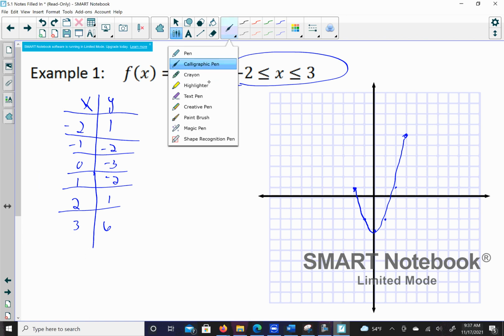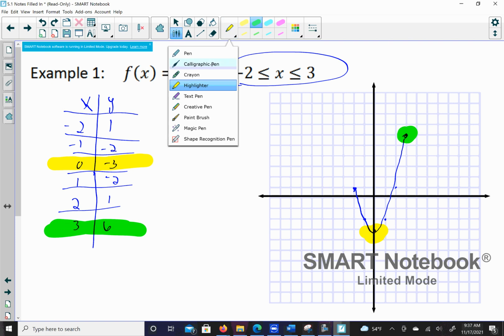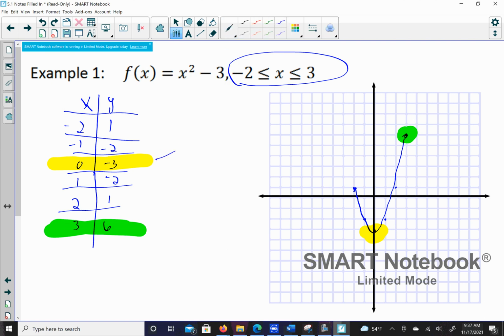When I look at this and I look for my lowest y value, my lowest y value is that -3, which is this point down here. My highest y value is this 6, which is this point here. So very simply, I'm going to say that this is my absolute min, and this is my absolute max.